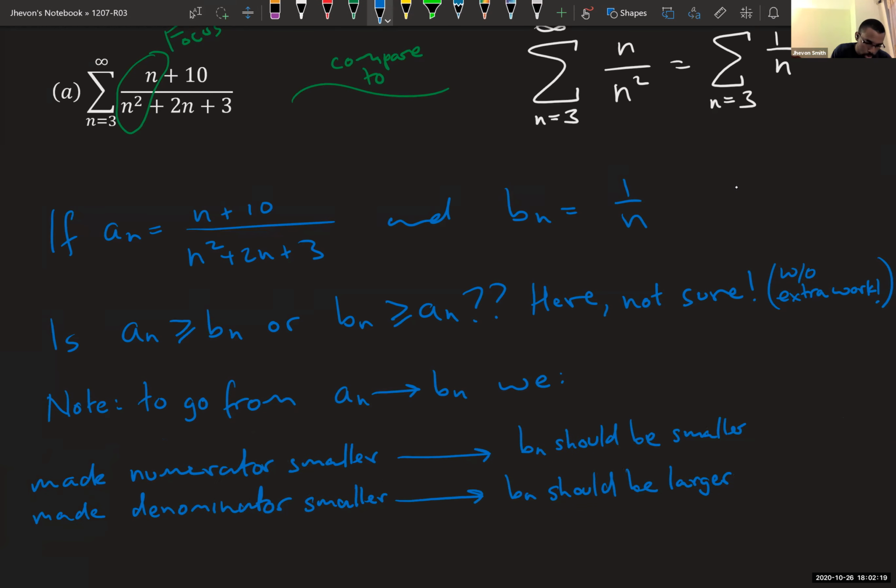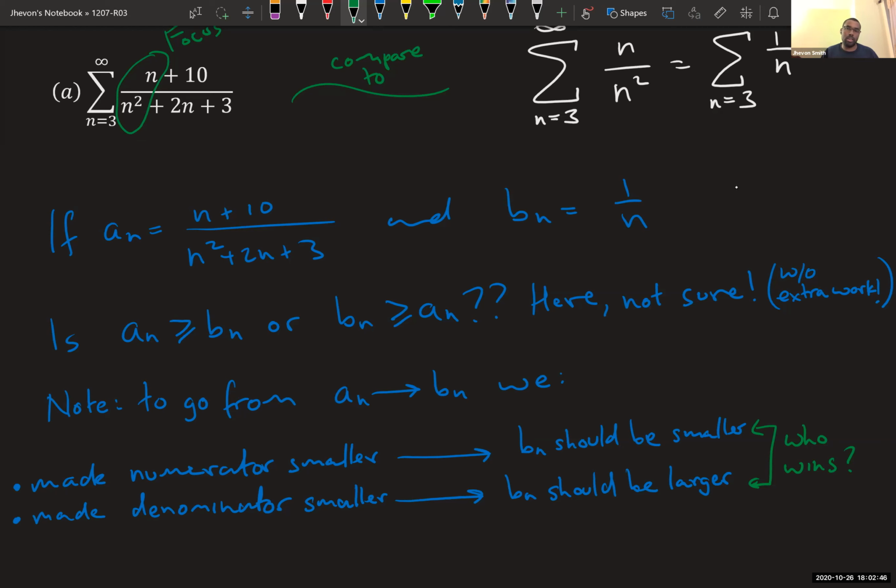We made the numerator smaller and we made the denominator smaller. And so now, at least without further calculations, you don't know who wins out. Does changing the numerator make it smaller more than changing the denominator made it bigger, or vice versa? It's not very clear at this point.